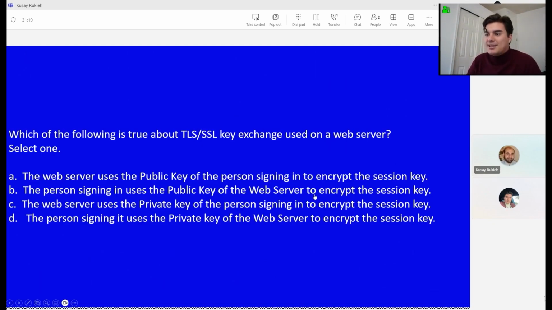Correct. So you're going to sign in with the public key of the web server to encrypt the session key. Right, exactly. So I generate a session key, and now they open it up. It's like, oh yeah, in order to talk to Kusei, I am going to use the I love Bank of America session key, and we're going to switch to symmetric encryption using it.